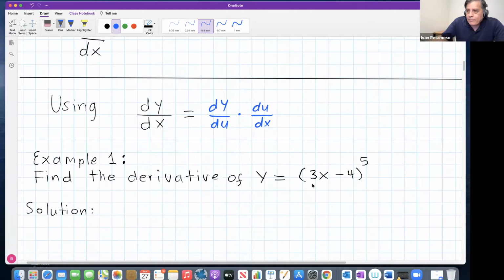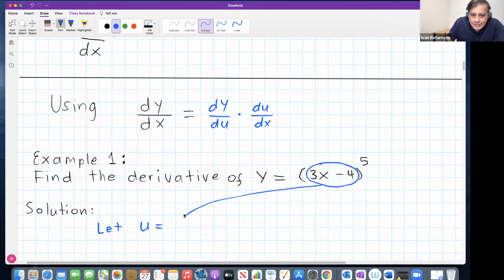Well, first step, you have to identify what's going to be the variable u. Let u be equal to whatever you see inside this composite function, so it's always equal to the inside, 3x minus 4.